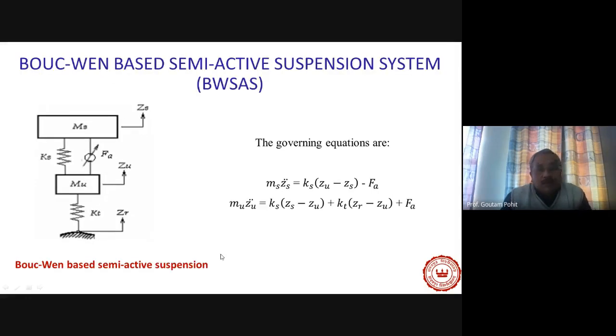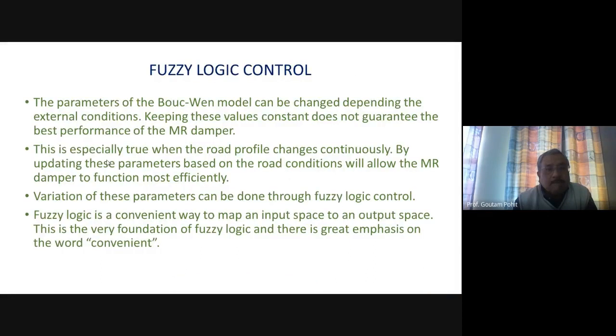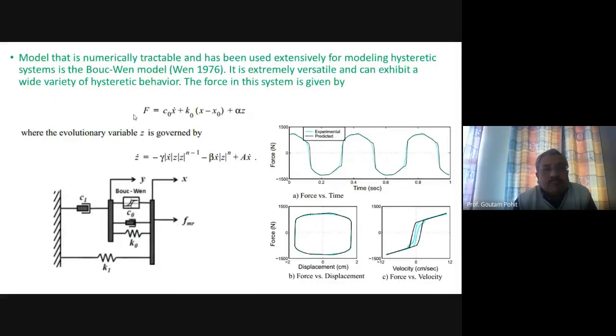Okay. Now the next one is the Bouc-Wen semi-active suspension system. Now there is a spring there, but still there we can put a Bouc-Wen model, which is basically a magnetorheological damper. And this FA is nothing but this F. Okay, we can find out this value of F at each point if we know C0, K0 and alpha.